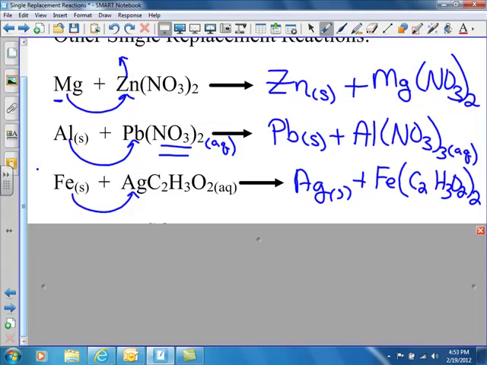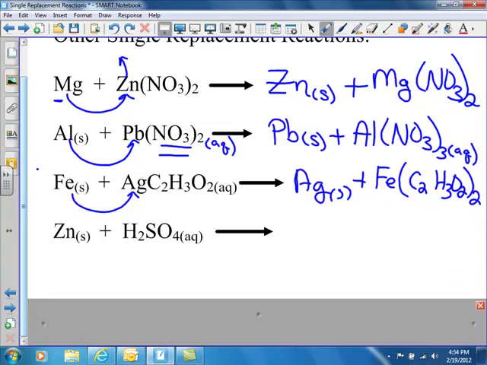Iron can be a +2 or a +3, so you can choose whatever you want. And one thing I should have said is that I'm not balancing these, but you should definitely go back and balance.